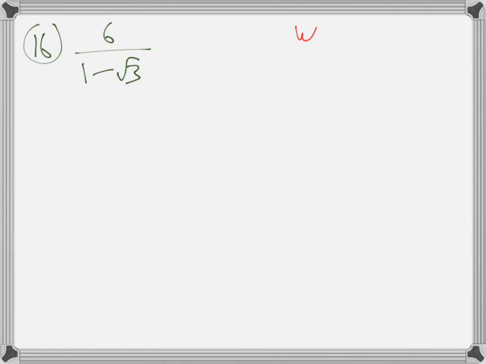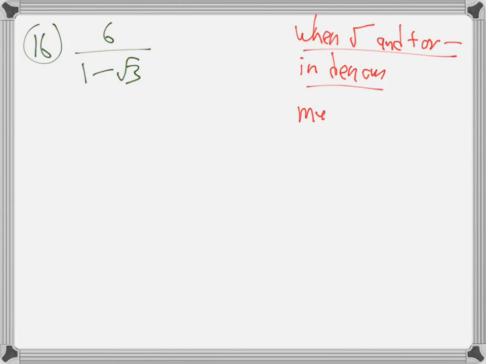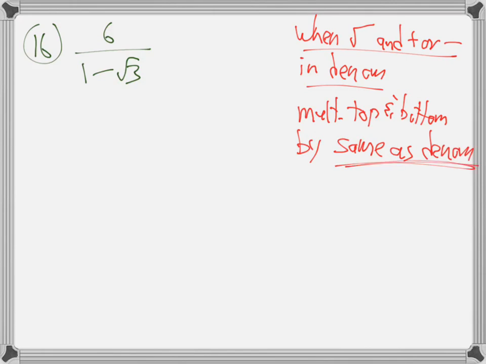So let me write it out for you. When you have a root and a plus or minus in the denominator, this is a special situation. They're going to give us like 3 or 4 of these. A square root and a plus or minus in the denominator: you multiply top and bottom by the same as the denominator, but opposite sign in the middle.